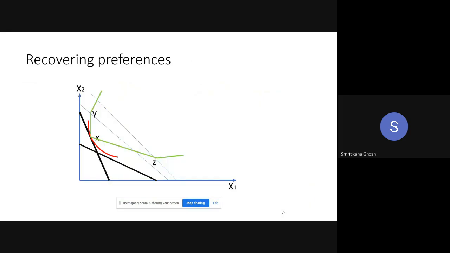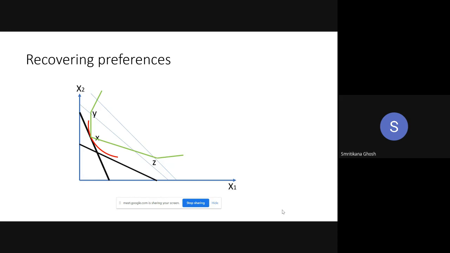Now today we are going to discuss recovering preference. Look at what we are doing here. Actually, here our objective is to draw the indifference curve. Very simple. As you know, in the case of revealed preference, the information about the indifference curve is not given to us.